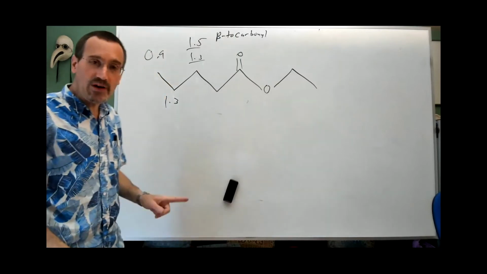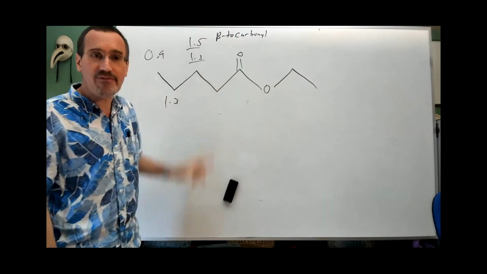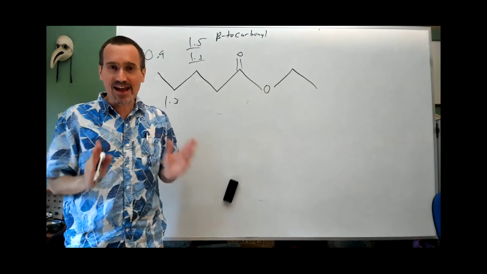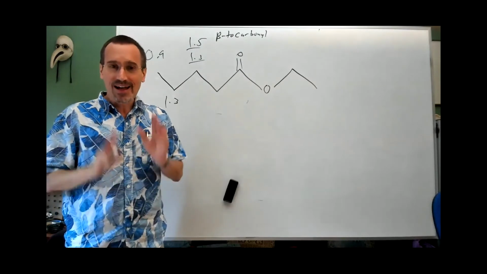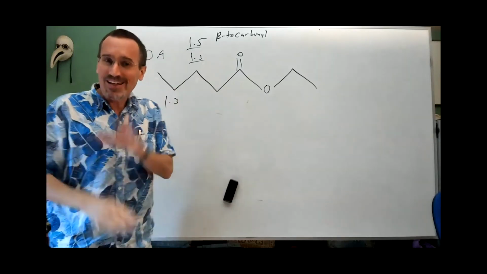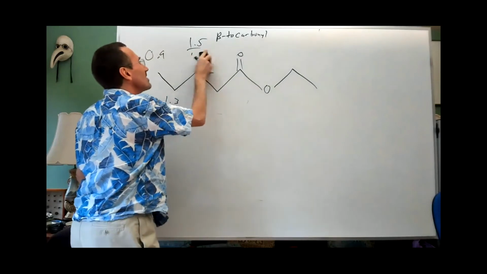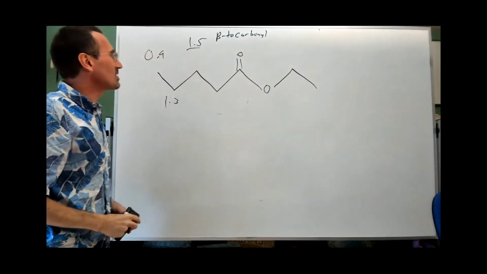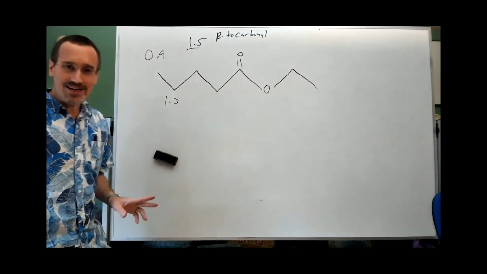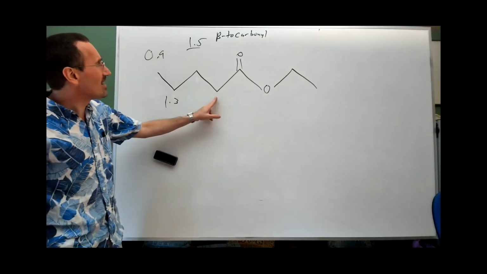All right, well, 1.5 wins, but I'm hoping that we can have 100% voter turnout for our next election, and everyone is entitled to vote in this classroom. So 1.5 is the winner by a majority, although not unanimity.